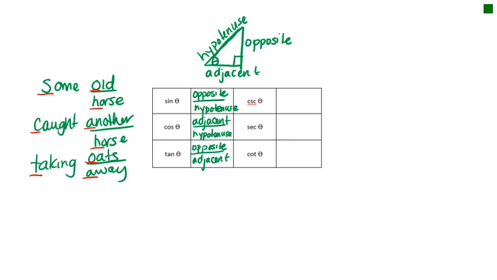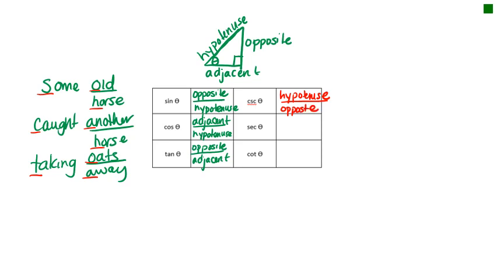Now you're going to learn 3 new ones: cosecant, secant, and cotangent. And these are the reciprocals of the 3 trigonometric functions we already talked about. So cosecant is the reciprocal of sine, so hypotenuse over opposite.